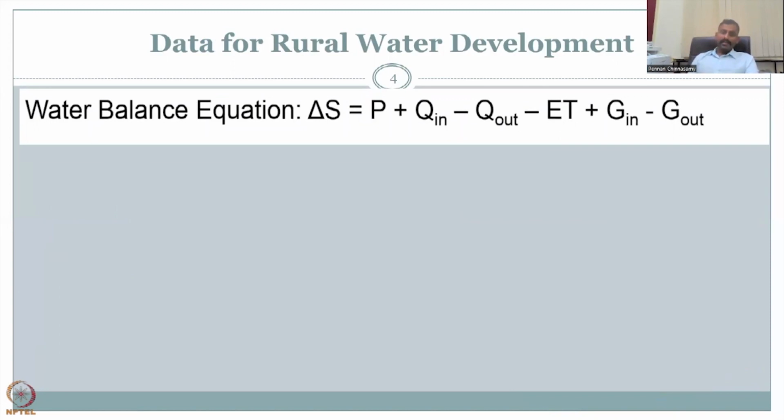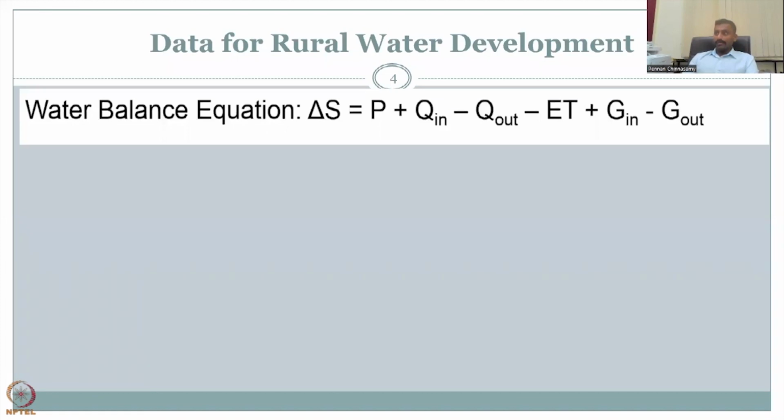A mass balance is a water budget. And this water budget gives the net water availability or net stored water that can be used for future developments.